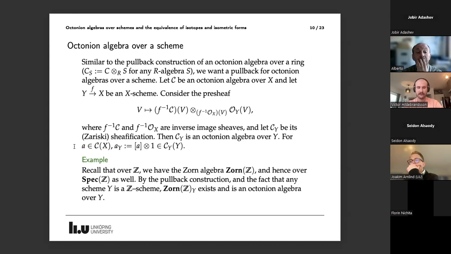So if we have some global section A in our octonion algebra over X, then A_Y, which is just the equivalence class in this set tensored with the identity here, will become a global section over this pullback algebra.